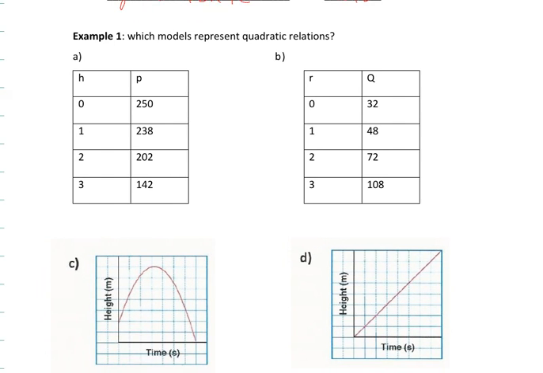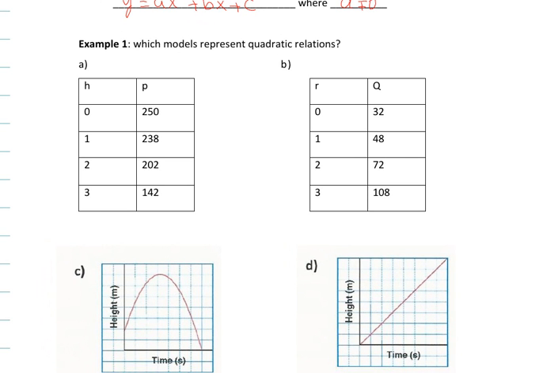Looking at this one here, it's a table of values. So what must I do? I have to do the first difference first. So I subtract y2 minus y1. 238 minus 250, that's going to be minus 12.